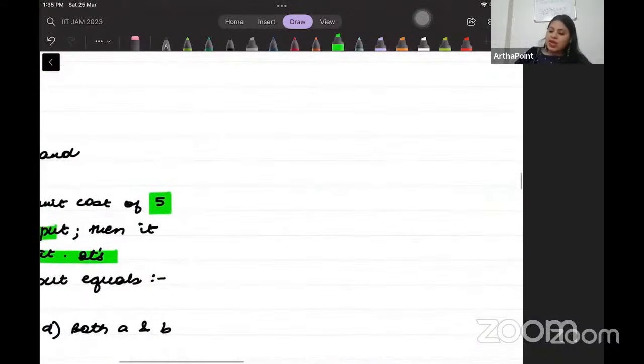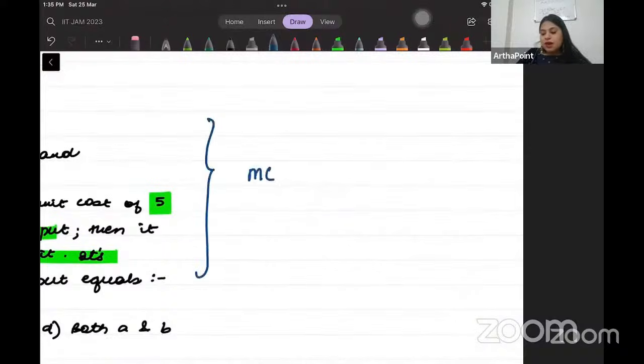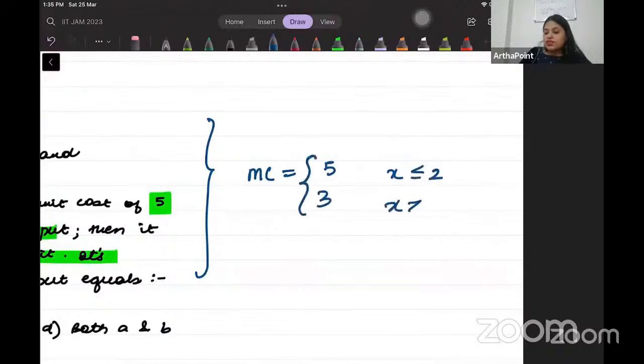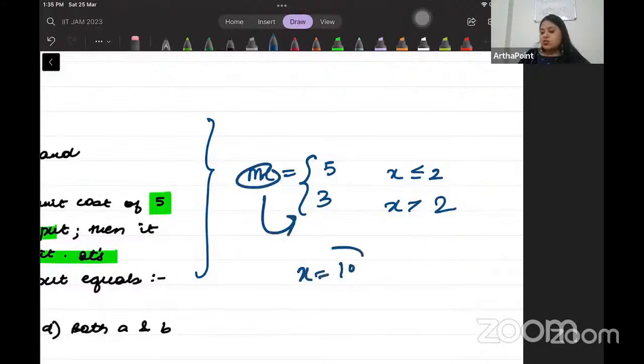What people do, and I will just tell you what is wrong, is that they say, okay, my marginal cost is 5 when x is up to 2, and my marginal cost is 3 when x is greater than 2. So suppose you say that I want to produce higher units, then my marginal cost per unit will be 3. Suppose my output is 10 units. Then my marginal cost will be 3.